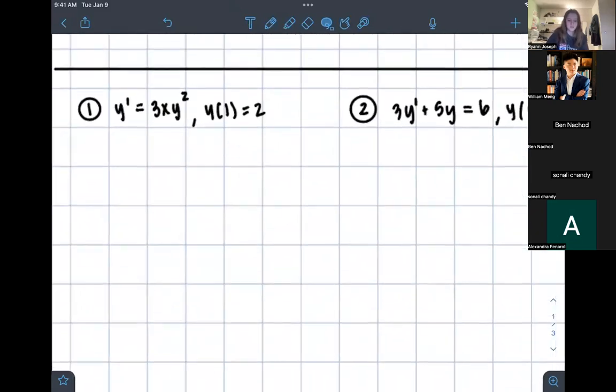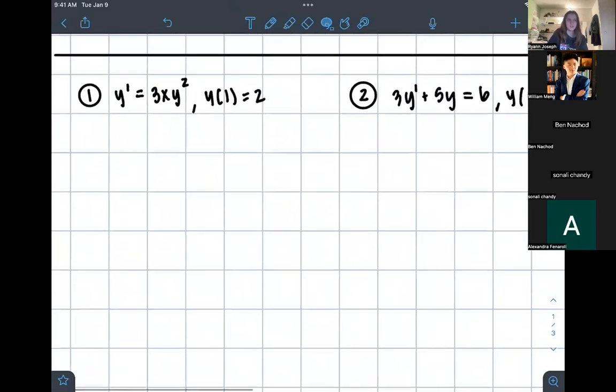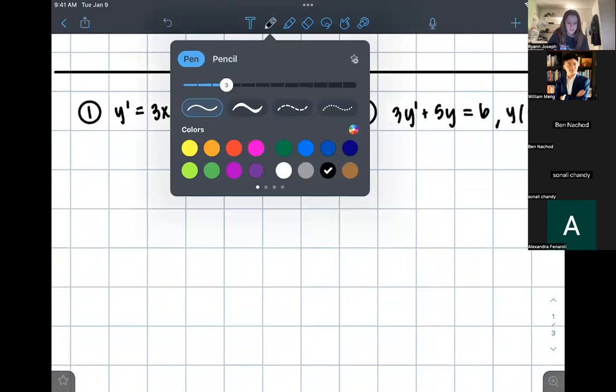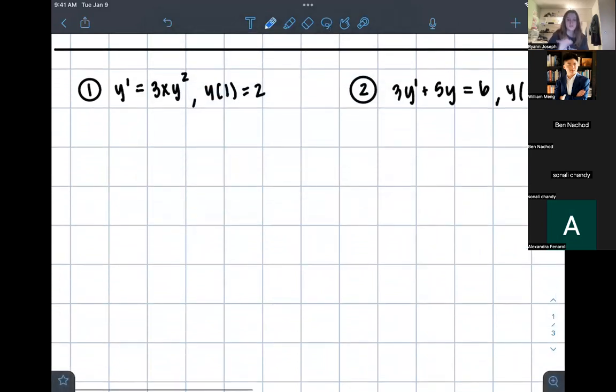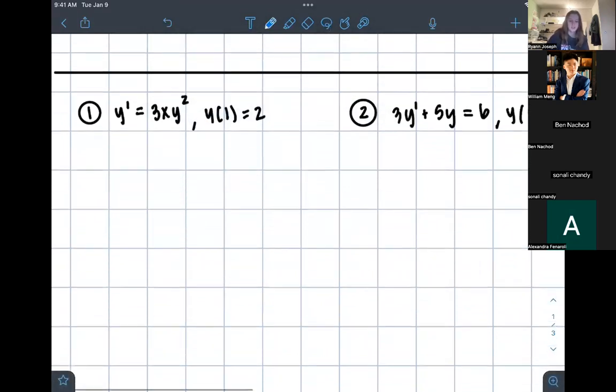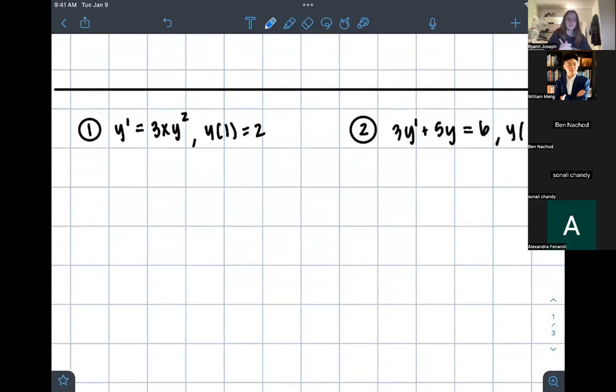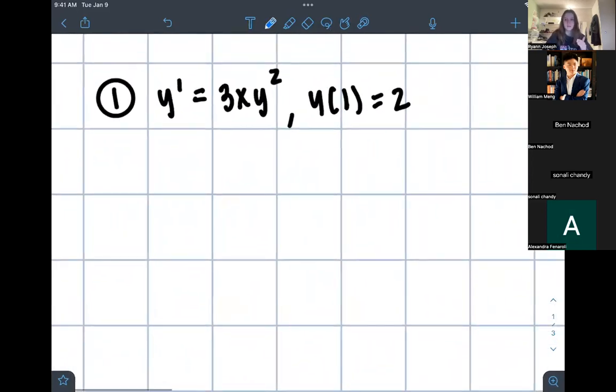I'm just speed running through some of these, because again, the full video is linked in my week 9 slides. This is a first order differential equation. It is separable, which means that we can separate the x terms with dx and the y terms with dy. That's the best way to solve these.